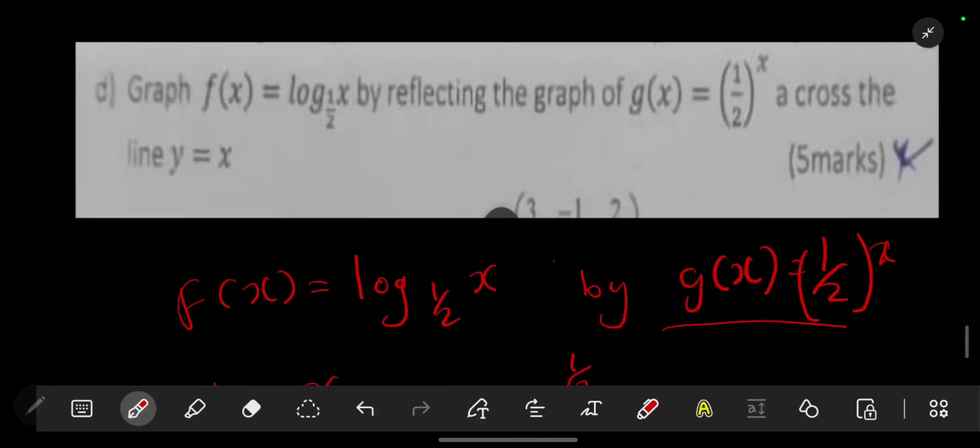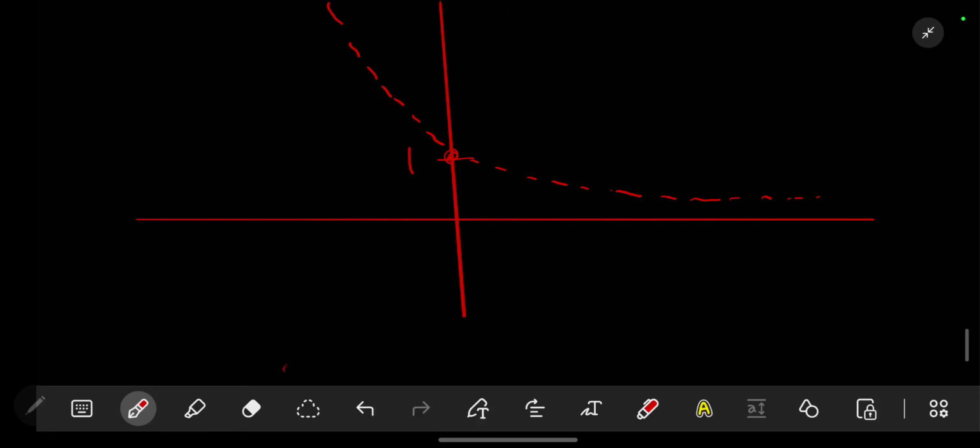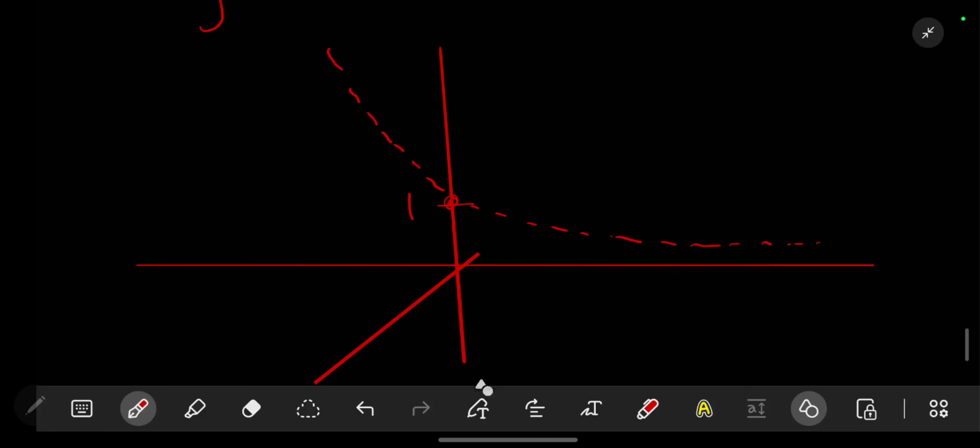Let's now draw the line of y is equal to x. So the line of y is equal to x passes like this, passes at this point. As you can see, this line passes at this point.